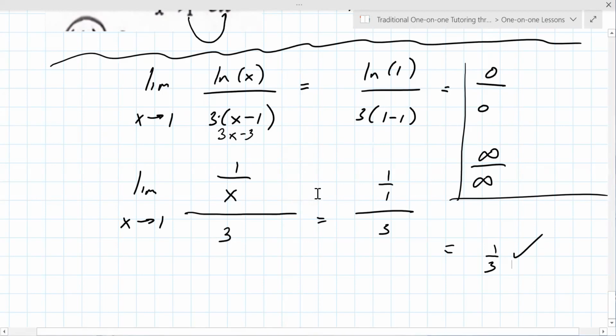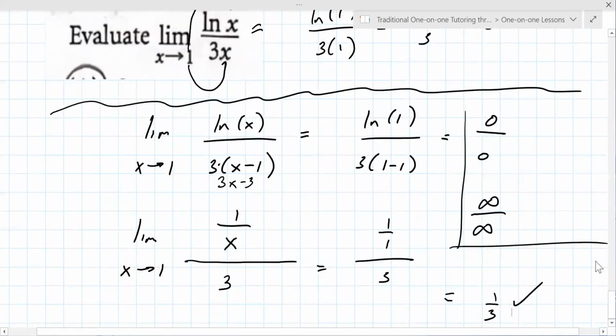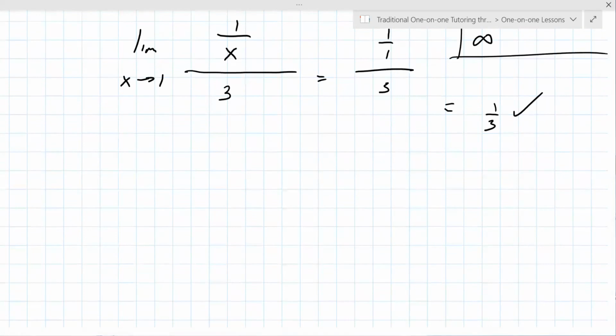If you can't plug it in directly like we did at the beginning, the only other option is L'Hopital's rule, or there are other cases where it goes to infinity. Let's think of a graph that does that.